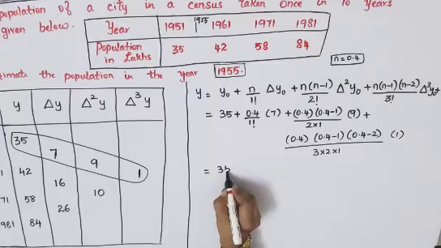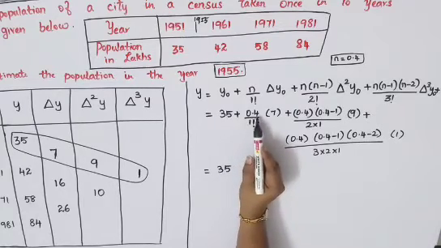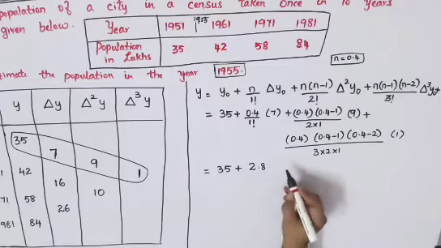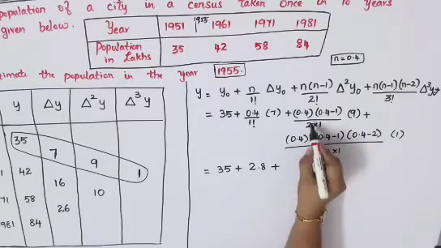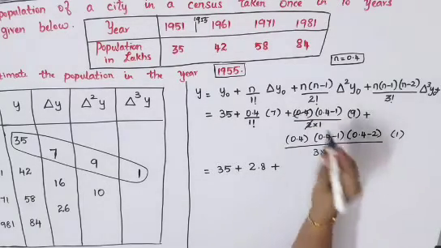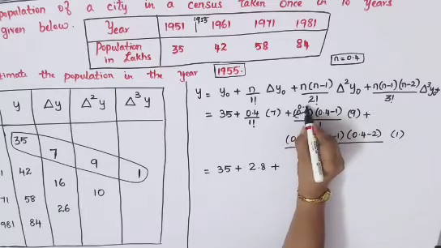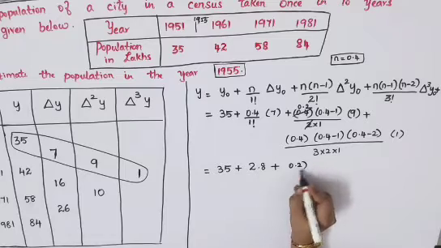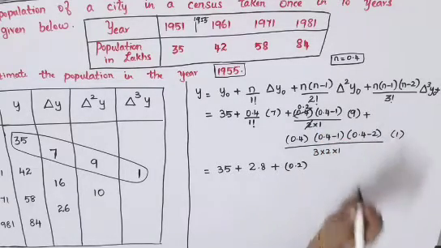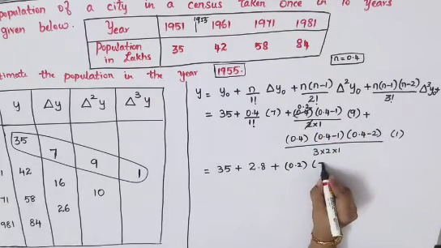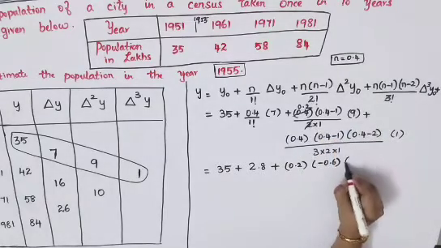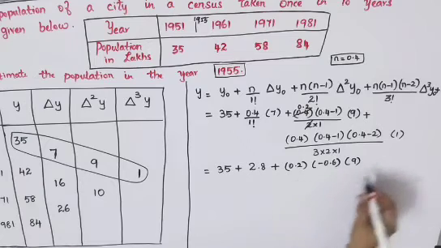35 is there as it is. Multiply 0.4 into 7, you'll get 2.8. Plus, this 2 and 0.4 you can cancel, you'll get 0.2. Keep 0.2 as it is. 0.4 minus 1 you'll get minus 0.6, into 9.